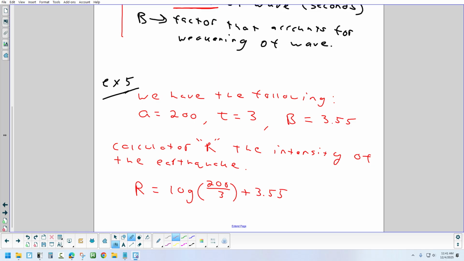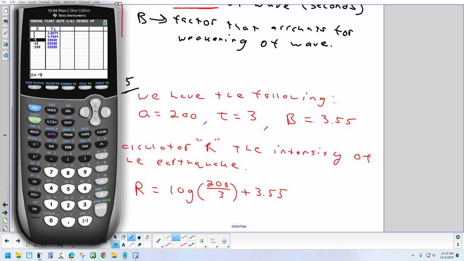So we just have to fill that in, and that will tell us the intensity of the earthquake. So it's log of 200 over 3, plus 3.55. That would be a magnitude 5.37 earthquake.